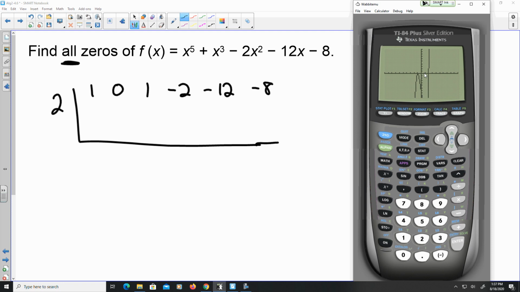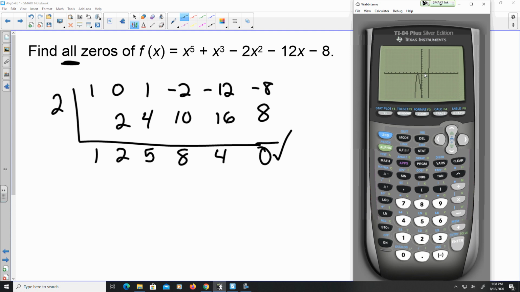Drop down the 1, multiply it, I get 2, add them together, I get 2, multiply, I get 4, add them up, I get 5, multiply this, I get 10, this becomes 8, multiply, I get 16. Negative 12 plus 16 is 4, multiply that by 2, I get 8, and that's 0. Cool, so 2 is a solution.